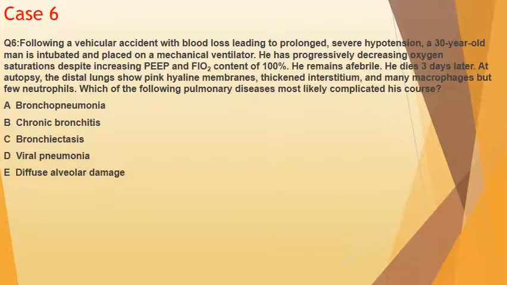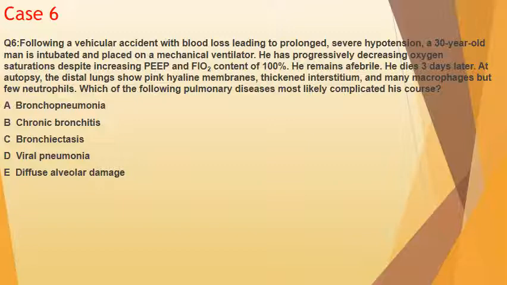Next. A vehicular accident with blood loss leading to prolonged severe hypotension. Here we have an accident with blood loss and there is trauma. The patient was intubated and placed on a mechanical ventilator.